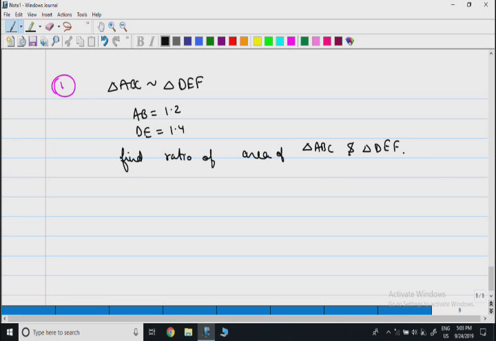Yes, it will be correct. Just a basic simple calculation.